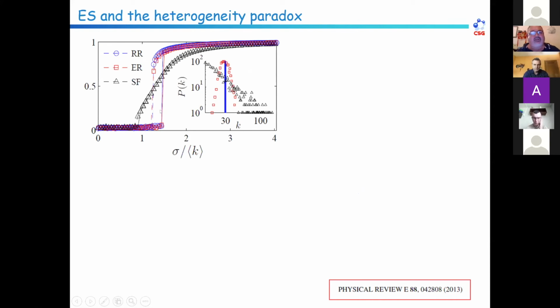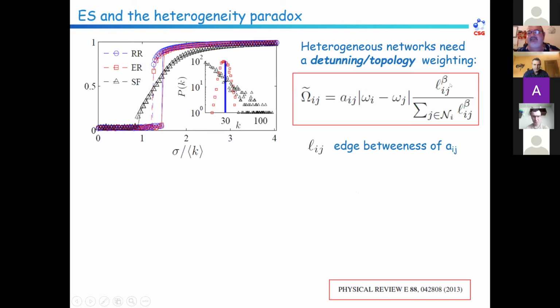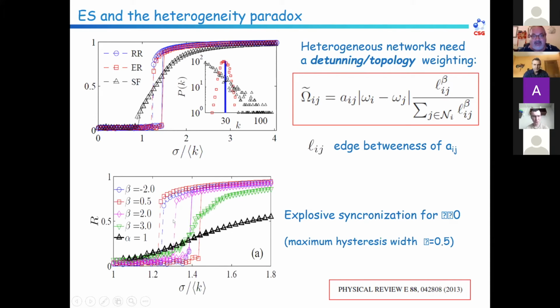And you can also control the width of such hysteresis by further weighting with another important structural quantity in a network, which is the edge betweenness. If you take into consideration a second weight, the edge betweenness, you can show that you can shrink or enlarge this hysteresis, so you can shrink or enlarge the irreversible region of the transition.